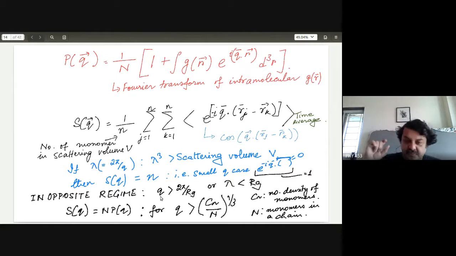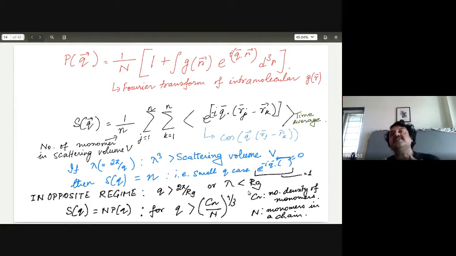But in the opposite regime, when you are going to smaller and smaller length scales, S of q is defined just in terms of the number of monomers in the scattering volume. So if you had independent scatterers like different polymers, then S of q will be proportional to n. However, if you are going to larger q, so that q is larger than 2 pi by rg, the radius of gyration of a polymer chain, that means you are going to smaller length scales, lambda smaller than rg.